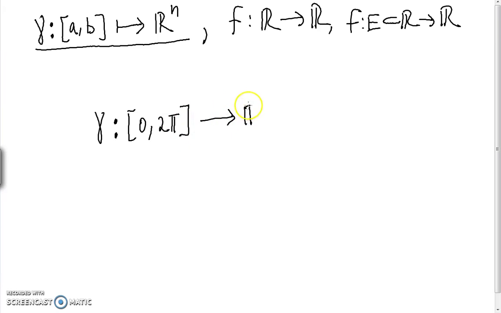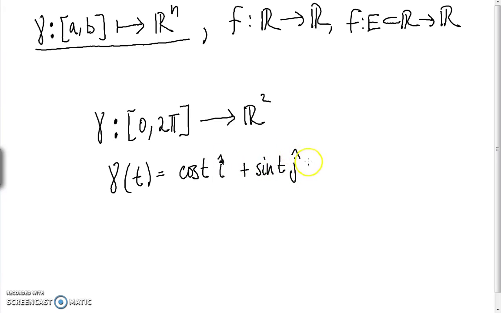to R2, and we can define it as y of t is equal to cosine t i hat plus sine of t j hat, where i is a unit vector which is due east.